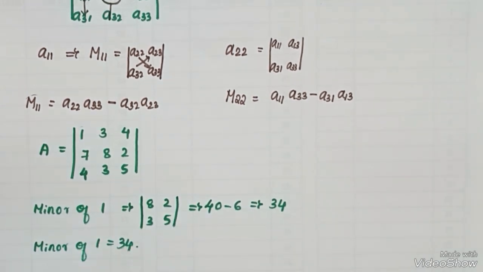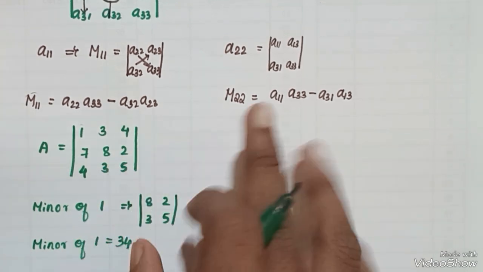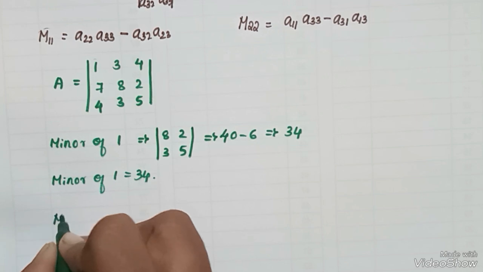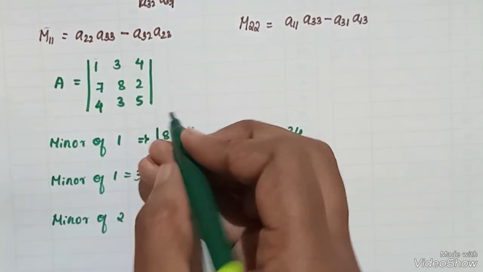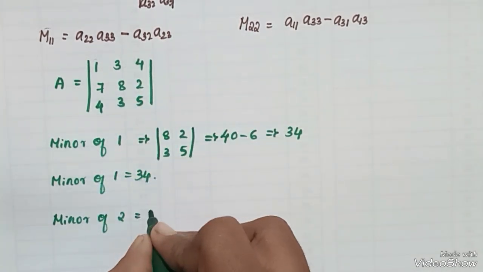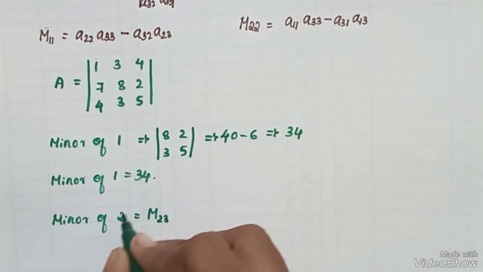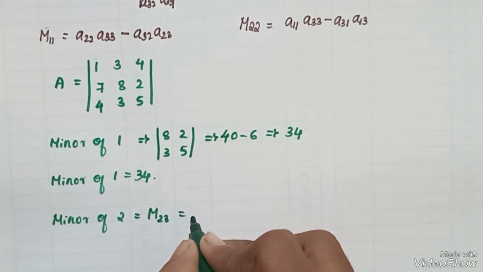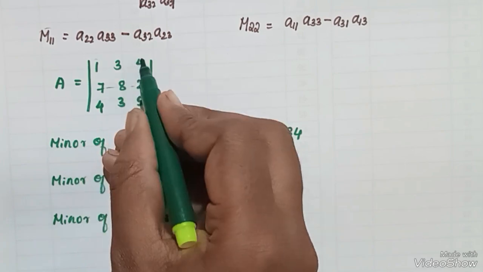So we have to find it similarly for each element. Now I consider 2. The minor of 2: the element is present in the second row, third column, represented as M23. The minor of 2 is obtained by neglecting the second row and third column.